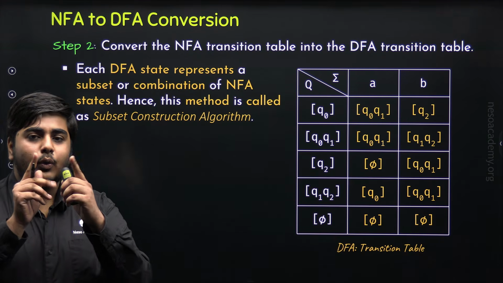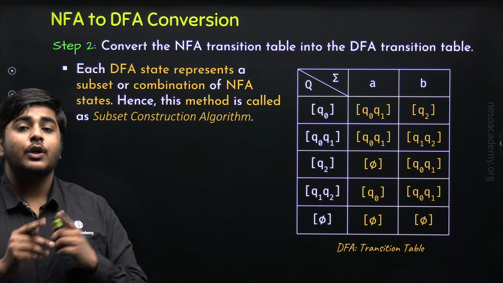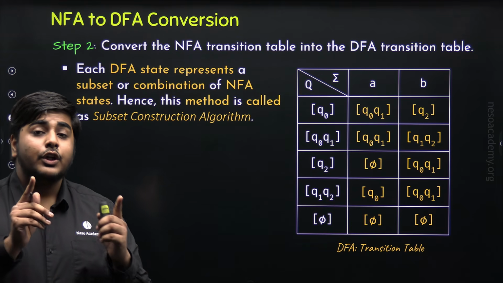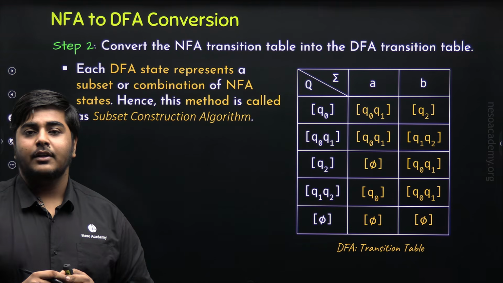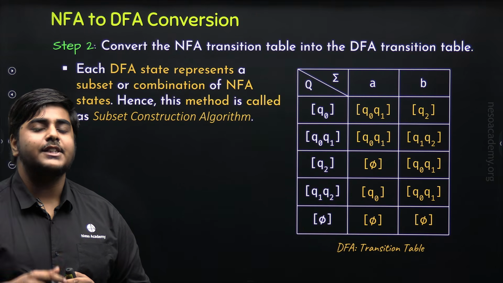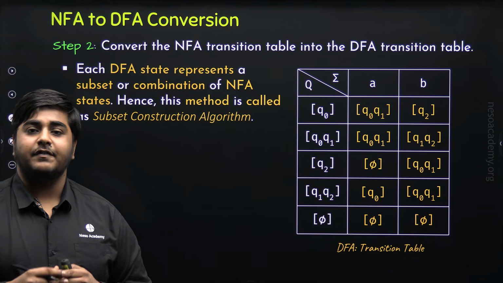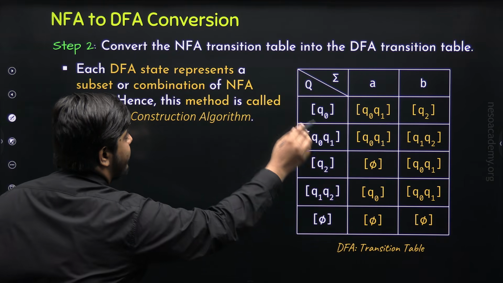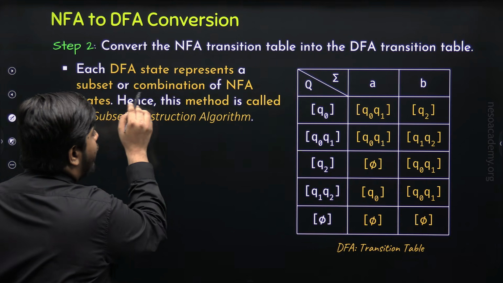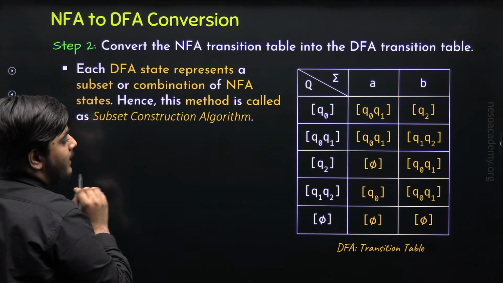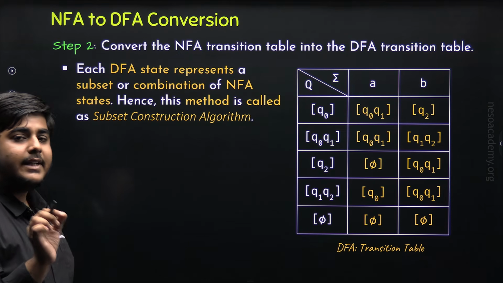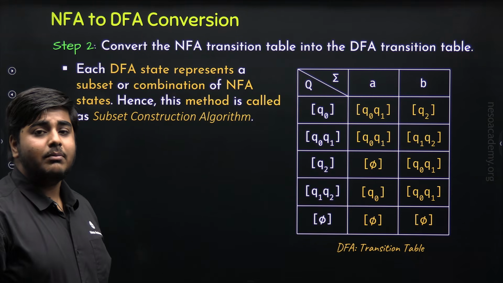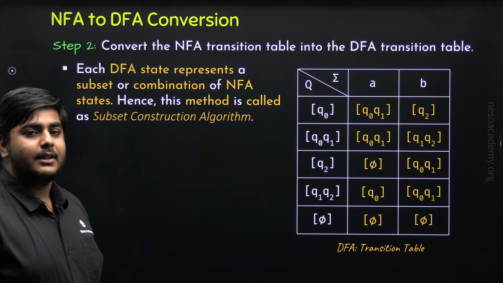Only Q0, only Q1, only Q2, Q0 Q1, Q1 Q2, Q0 Q2, Q0 Q1 Q2, and phi. So there will be a total of 8 subsets possible for the states of NFA. And according to this point, every state of this DFA is a subset or combination of the NFA states. And that's true. This is the reason why this method is called the subset construction algorithm or subset construction method.